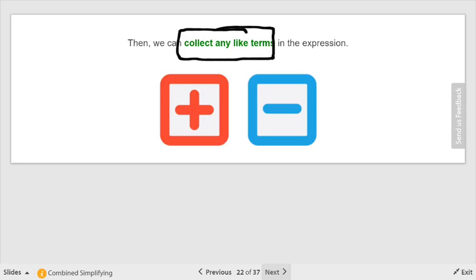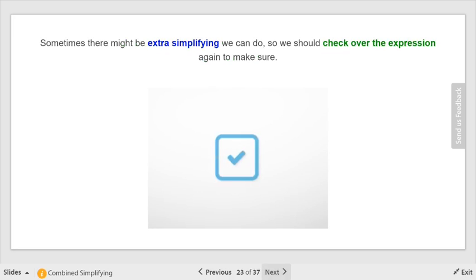We did the lesson on like terms. So now is where we're going to put it all together. And sometimes there's some extra simplifying, so make sure you check the expression to make sure it's completely done. For example, let's say we did all the math and we ended up with this business. Is that right? No, we're not done, right? So make sure it's simplified all the way.